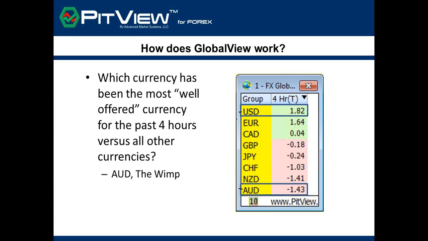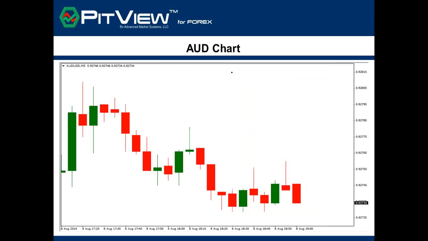Now, we do have to take another step from Global View, because the first thing people are tempted to look at is, well, if the dollar is the most well-bid currency and the Aussie is the most well-offered currency, the first thing you would want to look at is comparing these two on a chart, if you will. And I pulled up a chart here on the Aussie.